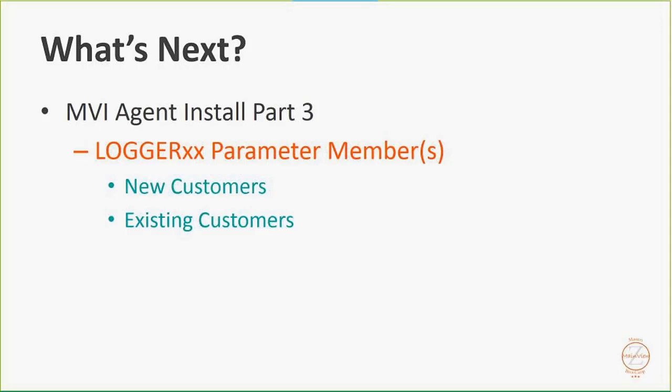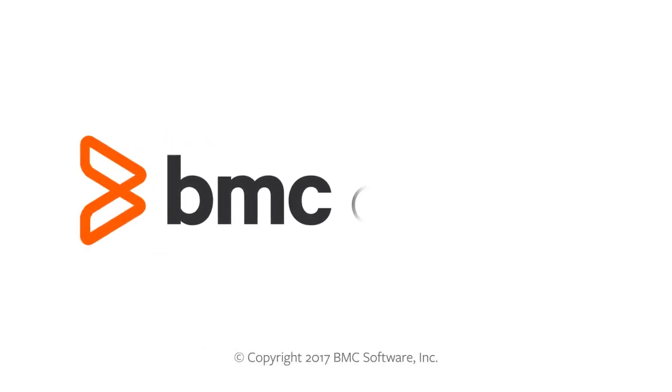You're going to have one library with a parameter member for each LPAR. And if they don't fit into the naming standard that we have discussed for the shared members, then you're going to have to create one per LPAR, either through the $445 process or through hand editing. All right, so next we're going to go on to the logger members, which is where things get really complicated.